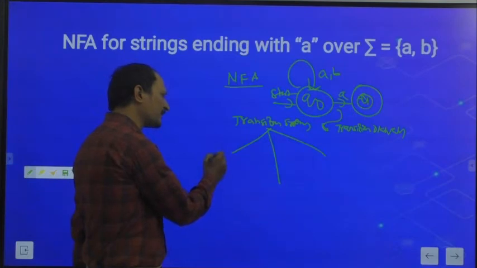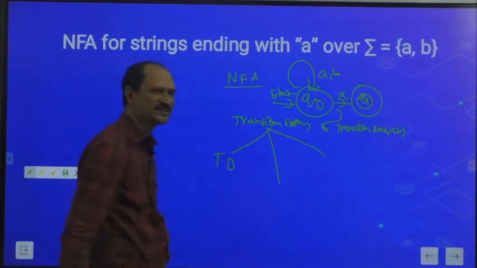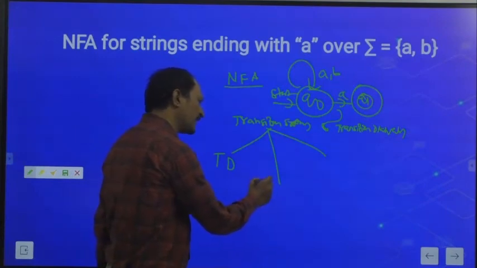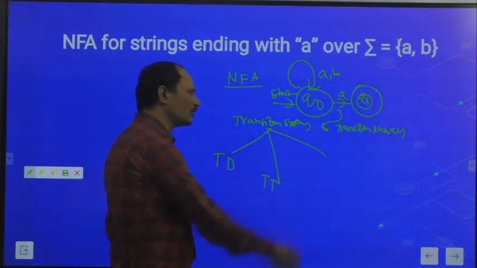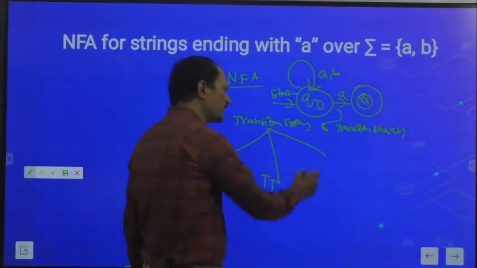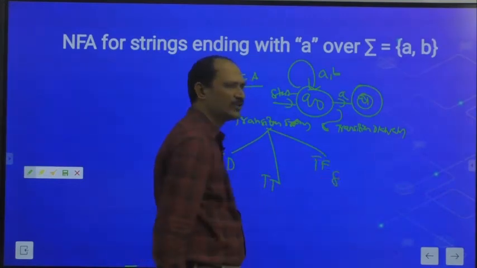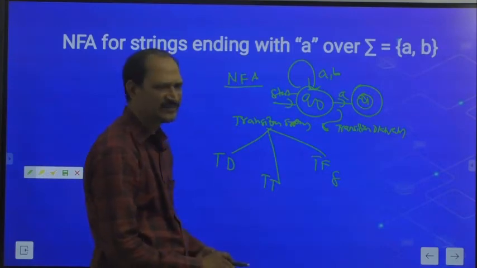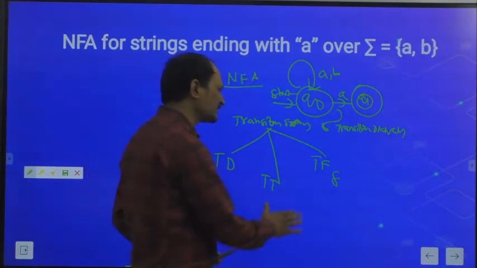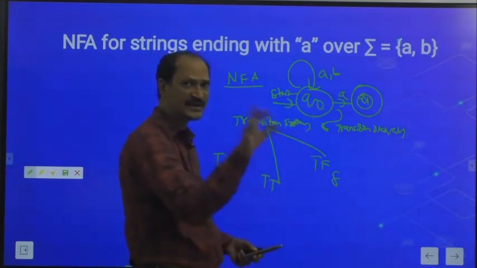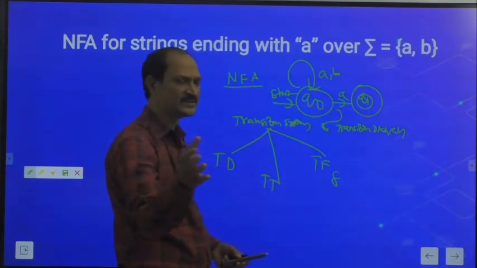Either with the help of a transition diagram, or with the help of a transition table, or with the help of a transition function, that is, delta, we can represent the transition system. So there are three ways: transition diagram, transition table, and transition function.